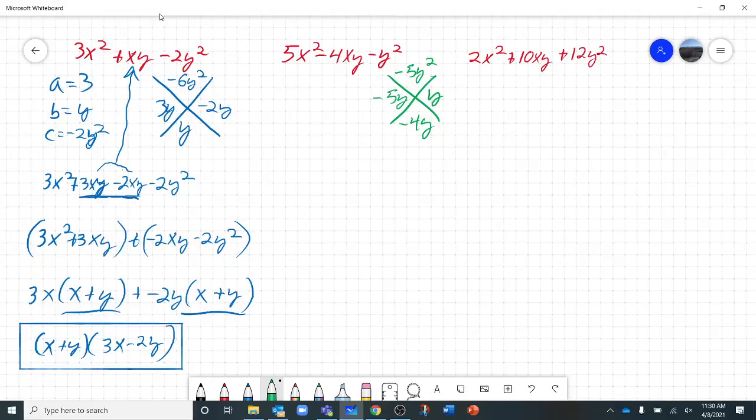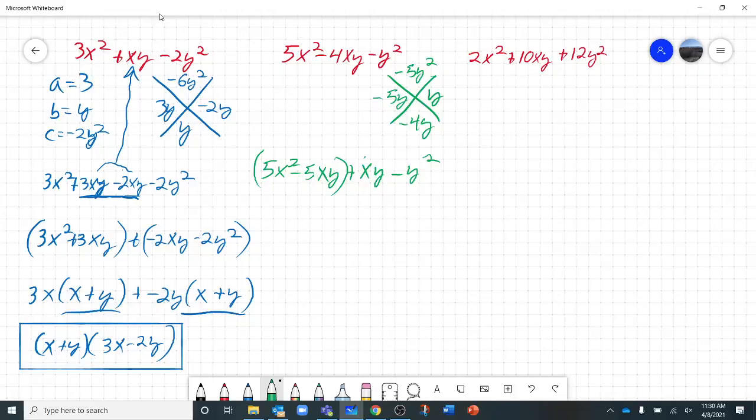Negative 5y plus y is negative 4y. Negative 5y times y is negative 5y squared. When I rewrite this, I get 5x squared minus 5xy, plus xy, minus y squared.